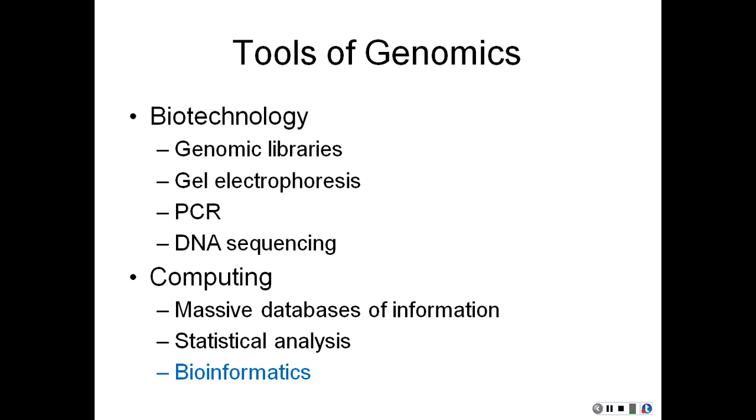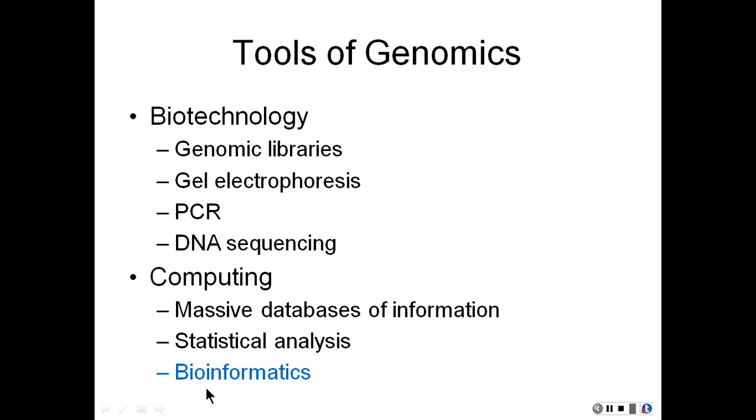So because of that, there is a really big need for computing to go along with all of this information, because we have these databases and we need to be able to analyze them using statistics and figure out what does it all mean. There's actually a whole new field of biology that wasn't even born until after the genomic revolution, and that field is called bioinformatics.